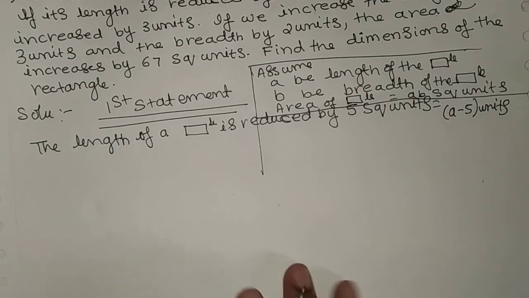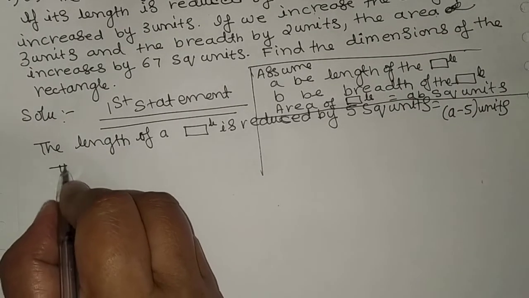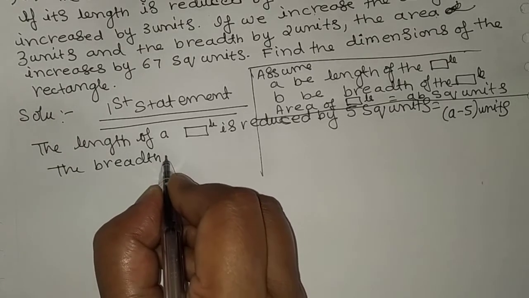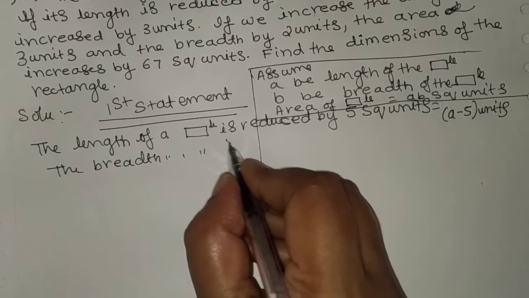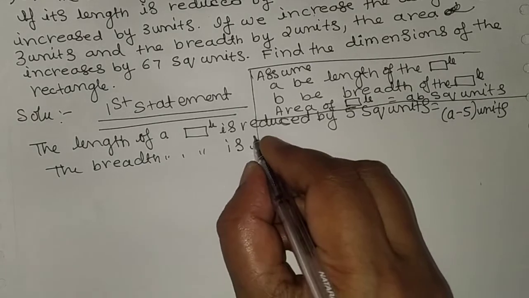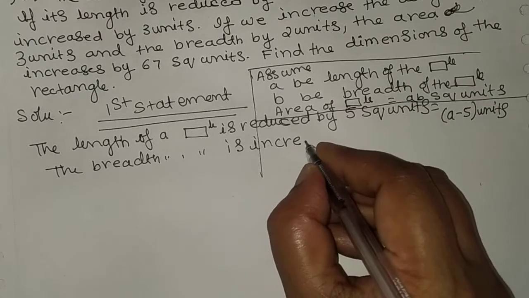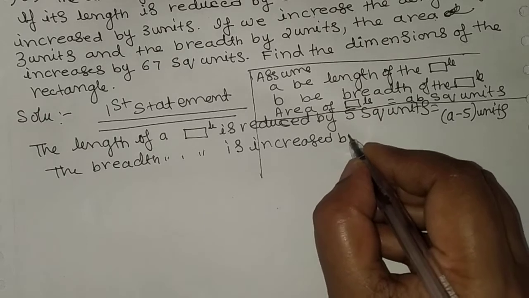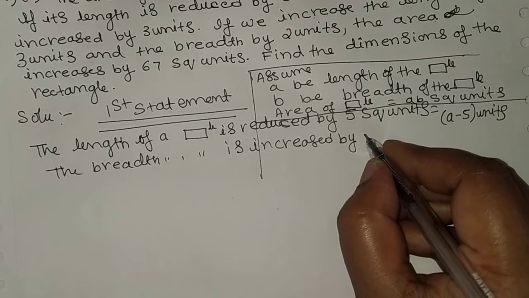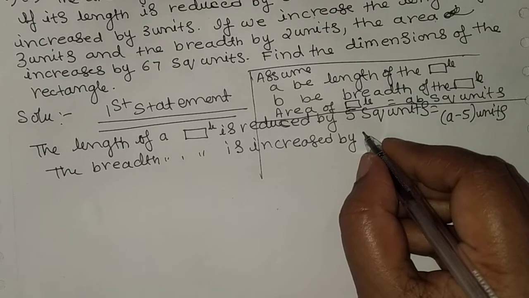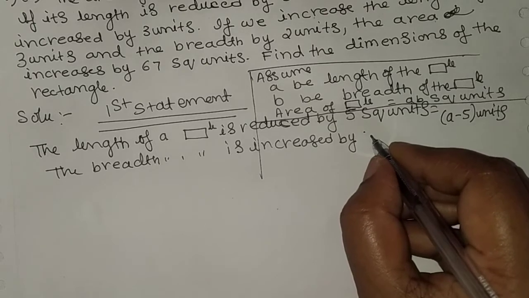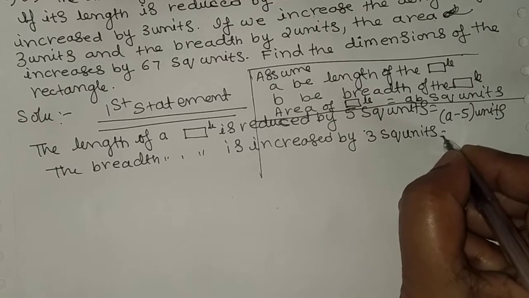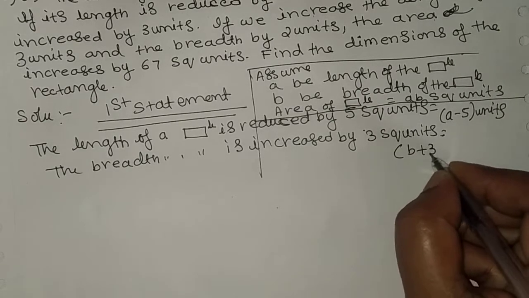Next is the breadth. In the question, the length is reduced and the breadth is increased by 3 units. Therefore we can write it as B plus 3 units.